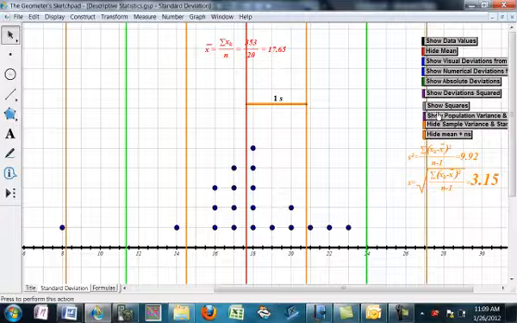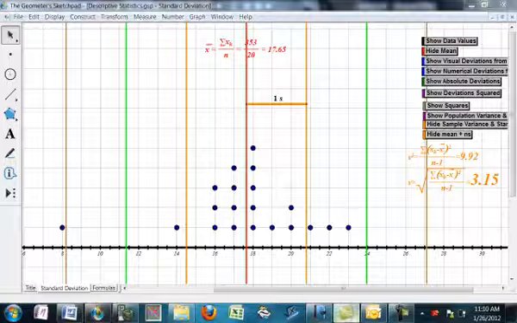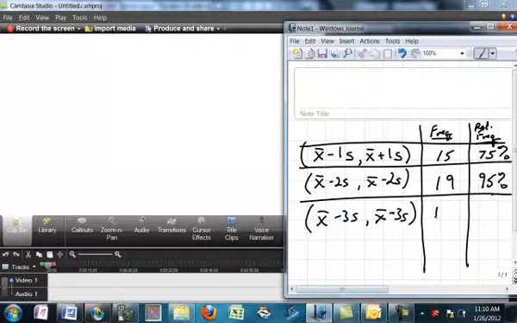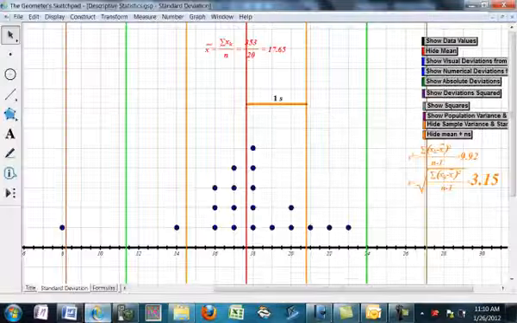Notice that these bars are all equally spaced. The distance between them is 1 standard deviation. So we go 1, 2, 3 standard deviations to the left, 1, 2, 3 standard deviations to the right. We almost pick up everything. This one's just outside that. So again, in this particular case, we're still picking up 19 points, or 95% of the data.